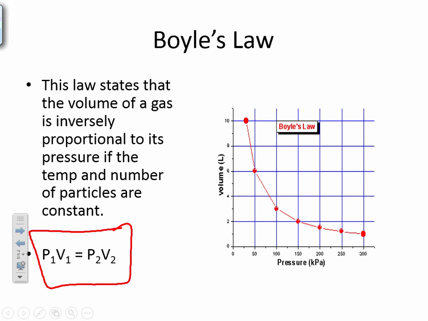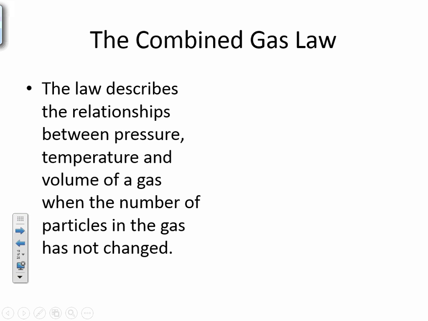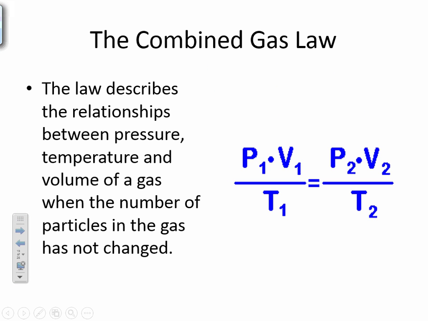So there's a little graph showing Boyle's law. Don't worry about that. So we have Charles' law, we have Boyle's law, and we also have the combined gas law. You don't have to worry about knowing what the combined gas law states. Just know that there's the equation for it: P1 times V1 divided by T1 is equal to P2 times V2 divided by T2.